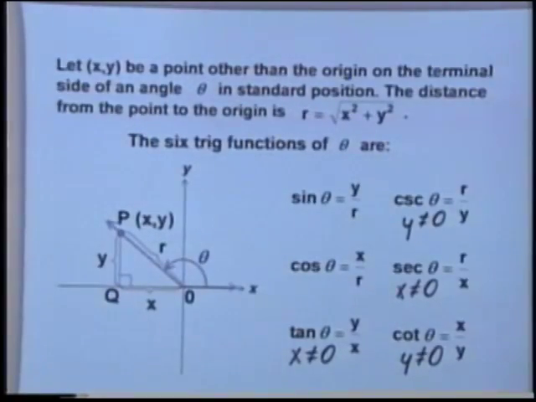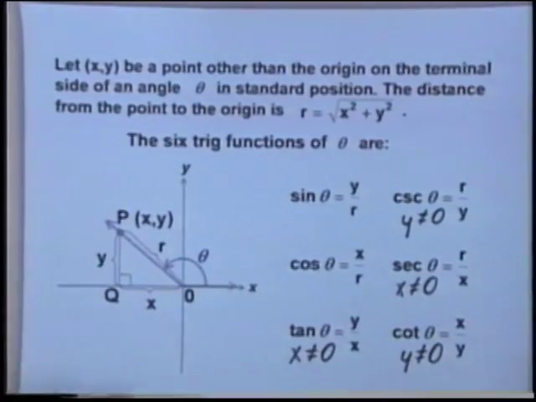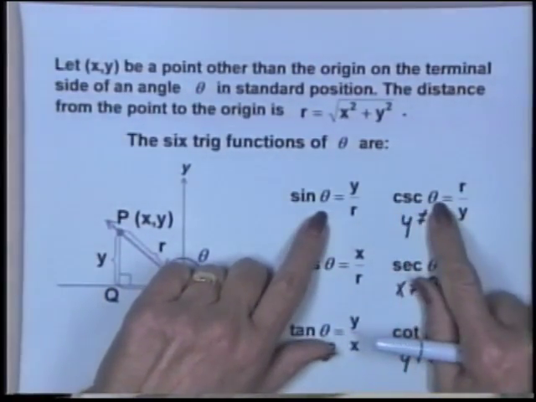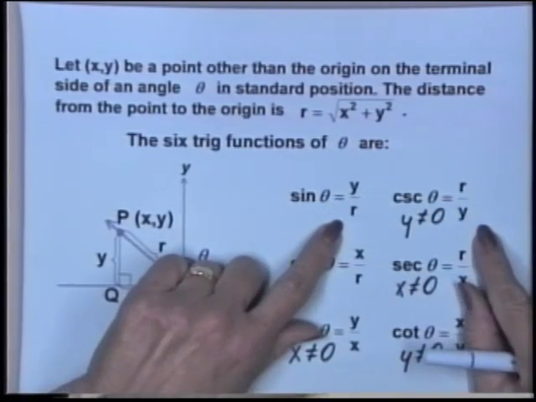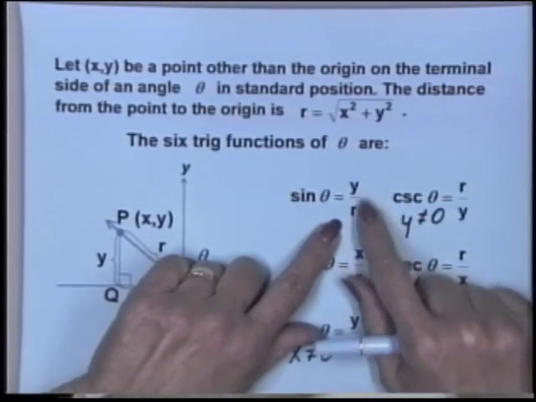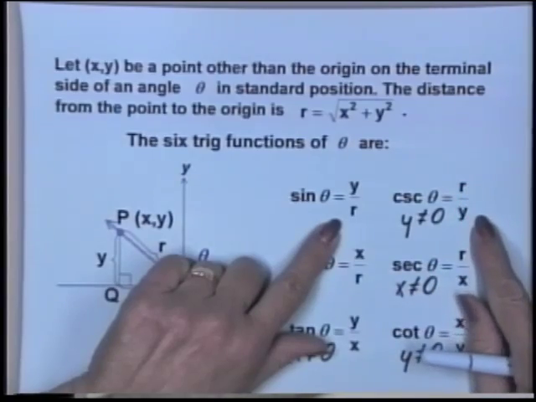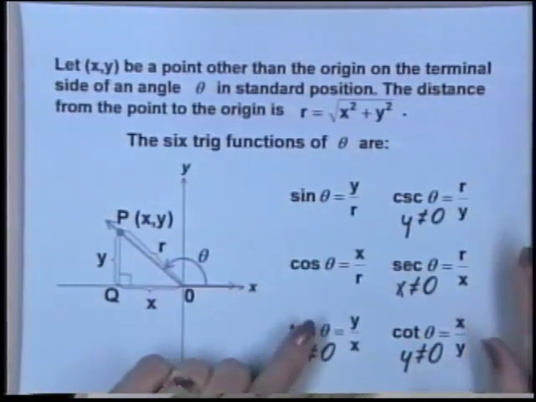I want to call something to your attention before we work a problem using these definitions. Do you notice any relationships here? For the sine of theta and the cosecant of theta, they are reciprocals of each other because y divided by r is the reciprocal of r divided by y.